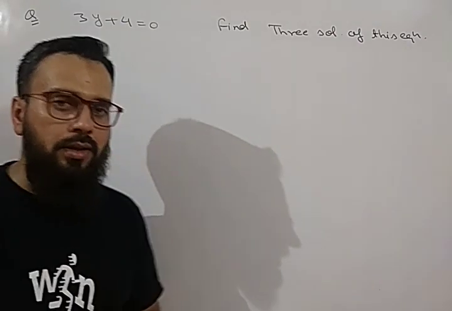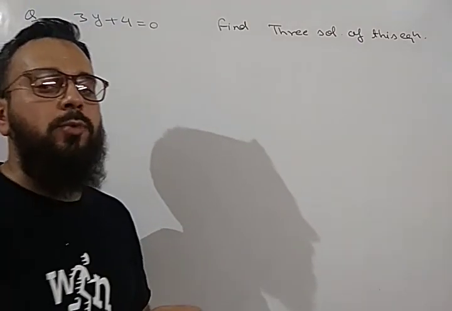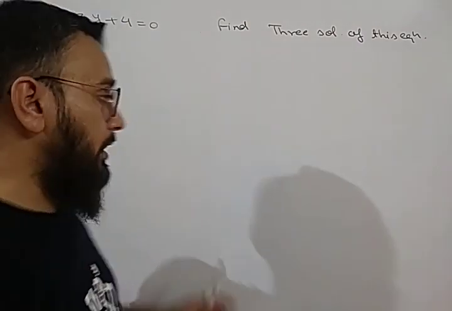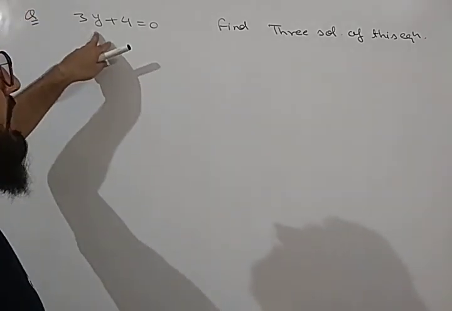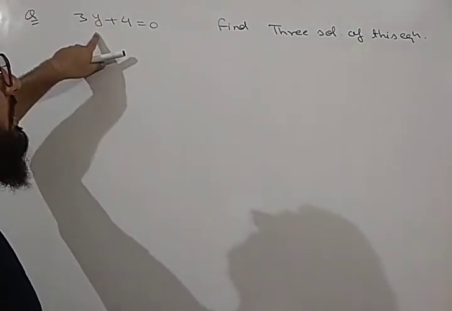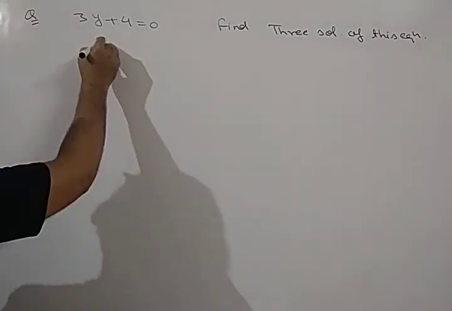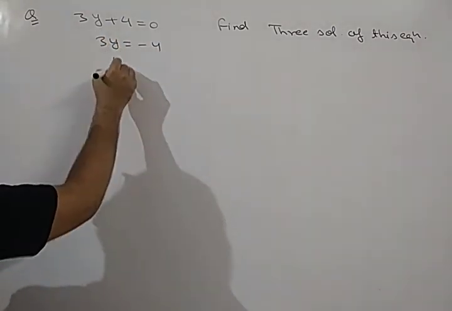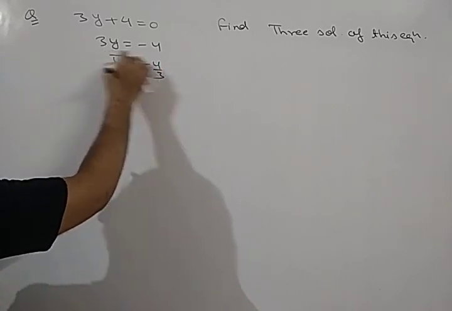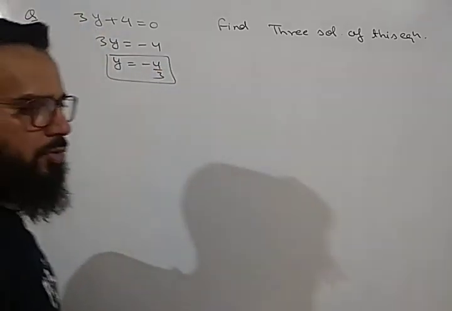If you are not using the concept of linear equation in two variables, then you will simply find only one solution, because it is a linear equation in one variable. If it is only y, then you will simply write 3y is equal to minus 4, and y will be equal to minus 4 by 3, and this will be your answer.